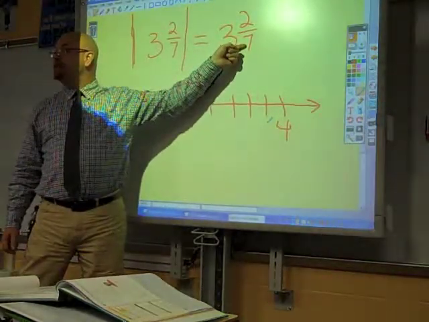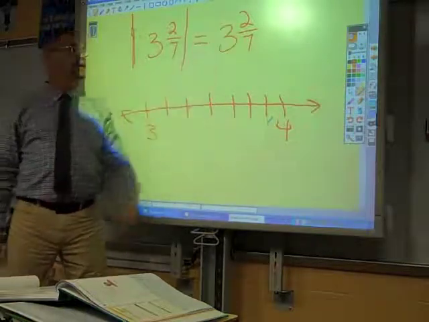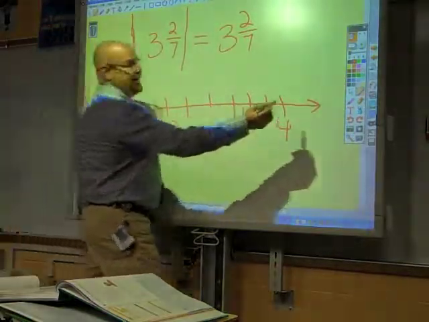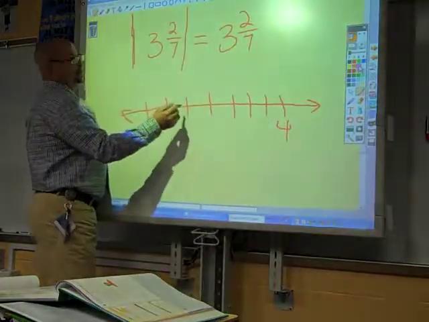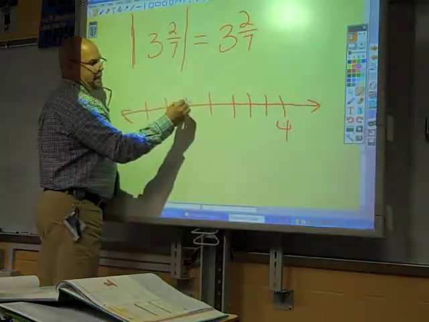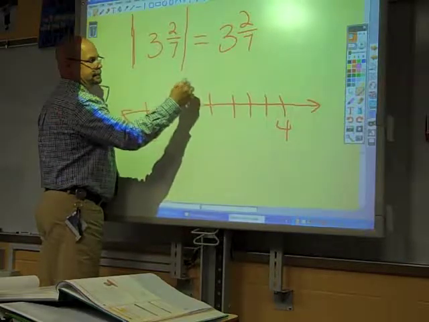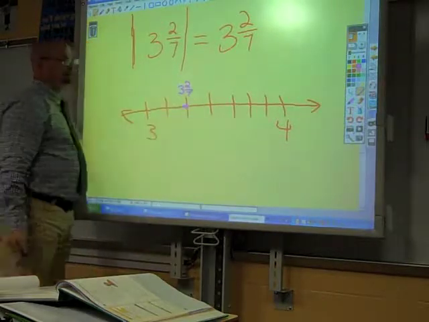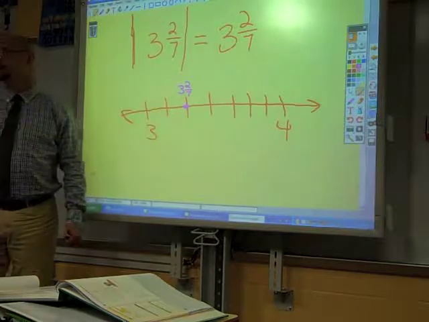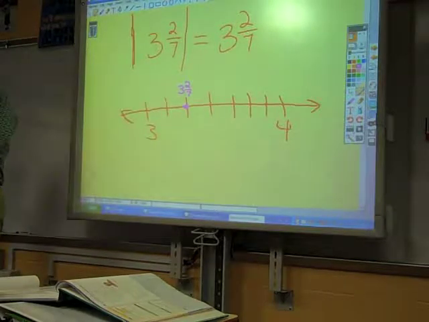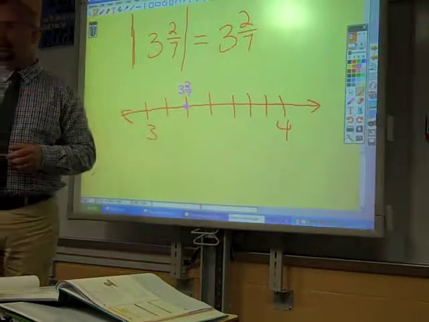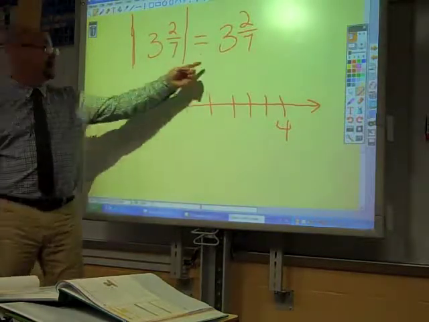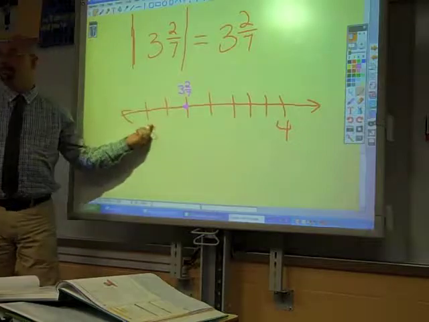I divided it into sevenths, and I'm going to count over 2 of them and say that number lives, let's do pink, right there. Everybody happy with that? I like that. That's easy. The key is knowing what to divide it into.